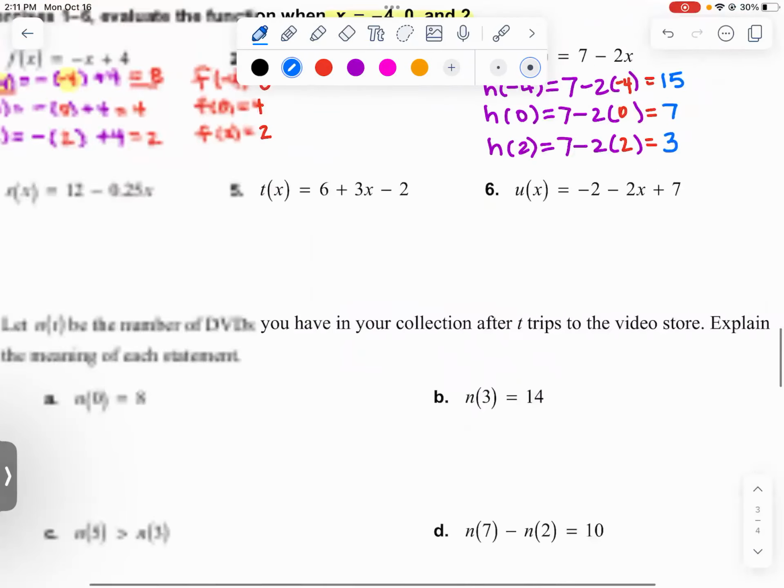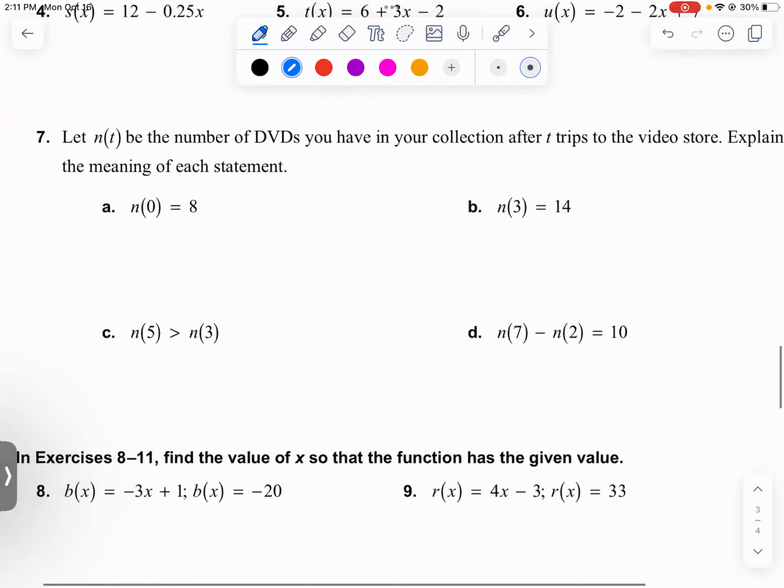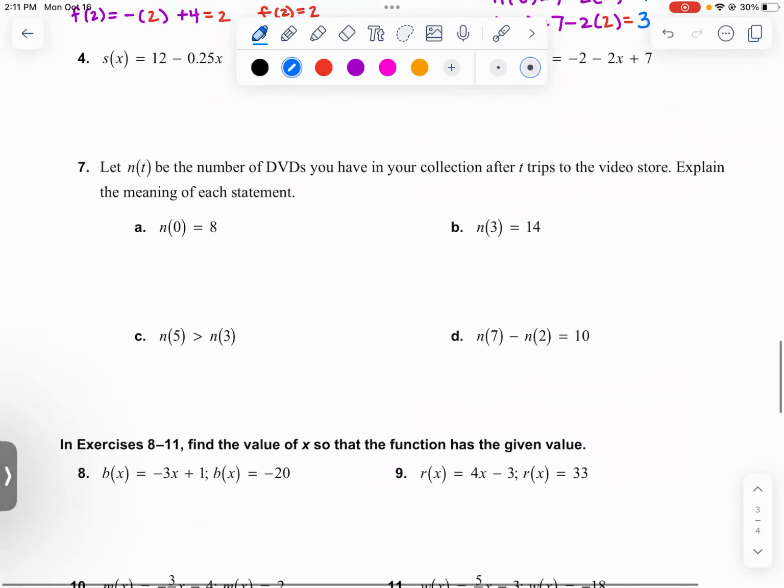So let's take a scenario and talk about what function notation would mean. N of T is the number of DVDs after T trips to the video store. So N of 0 equals 8.